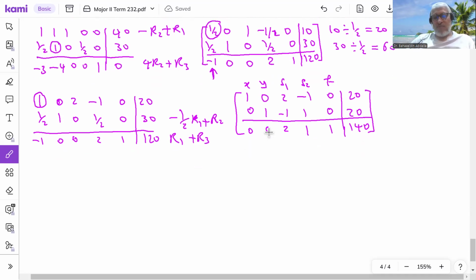Now there are 5, or let us say 4 variables. F is always there. Or 5 variables. Some of them are basic, some of them are non-basic. Whenever you have 1 and zeros everywhere else, then X, Y, and F are basic variables.